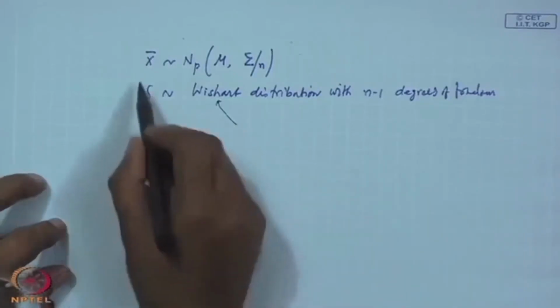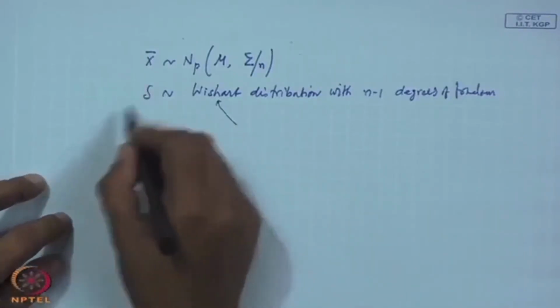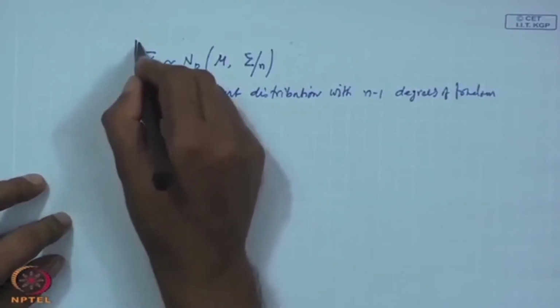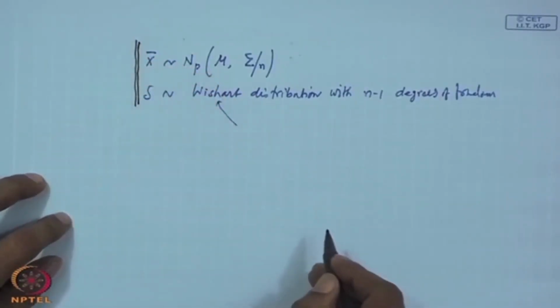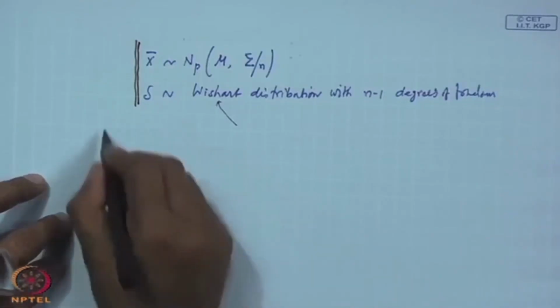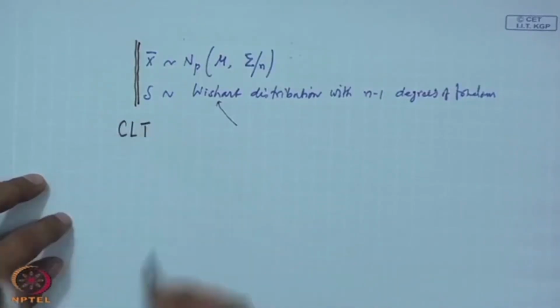Now, another issue you have seen in the univariate case also is the central limit theorem.